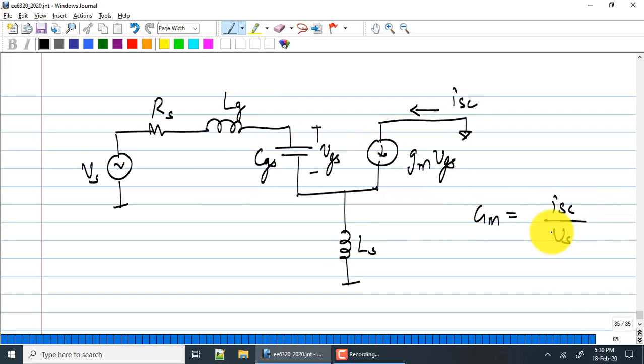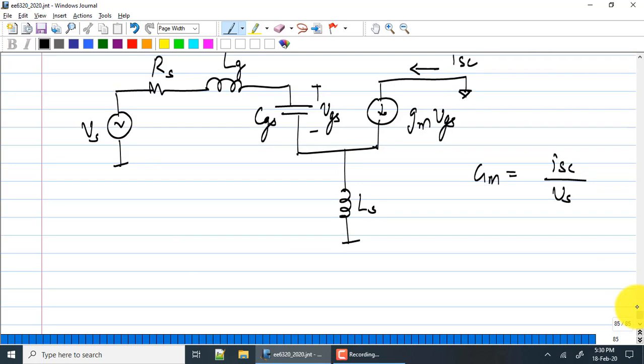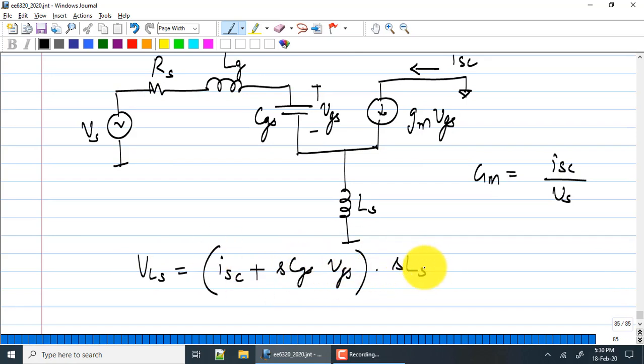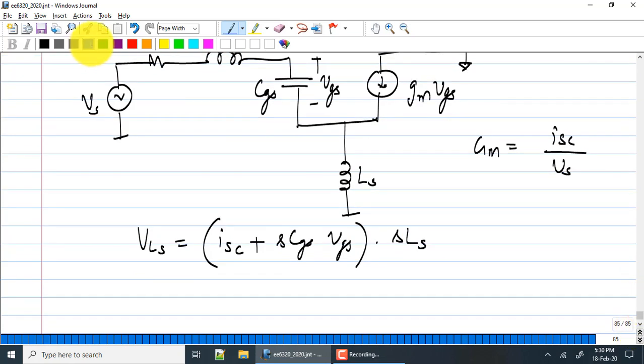How do you find this out? Exact same thing. What is the voltage across LS? Earlier you did KVL around the loop.